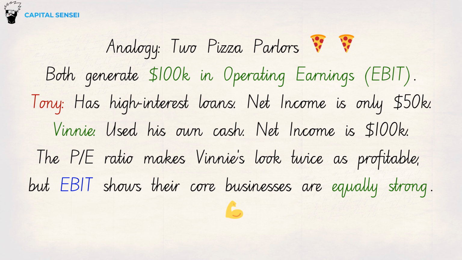After paying his hefty interest bill, Tony's net income is only $50,000. Vinny's is $100,000. The PE ratio would make Vinny's parlor look twice as profitable, but in reality, their core pizza-making businesses are equally strong. EBIT lets you see that.